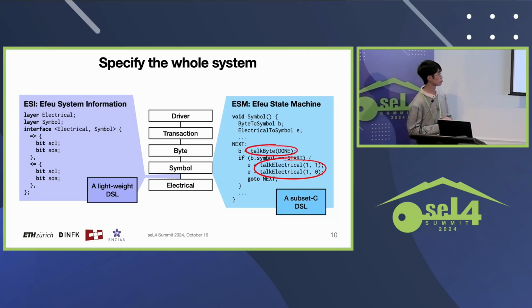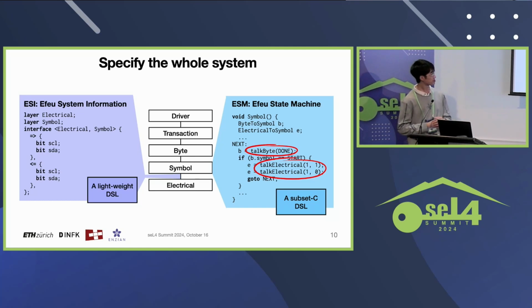Here, I would like to draw your attention to those talk directives. These are basically coroutine switches. They are the way that one layer communicates with the other layers. The switch will take the output, the value to be passed to the other layer, and pass the control to the other layer, and then get back the result, and then resume execution from that.